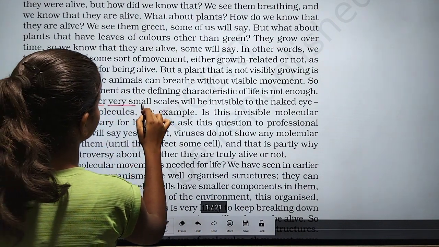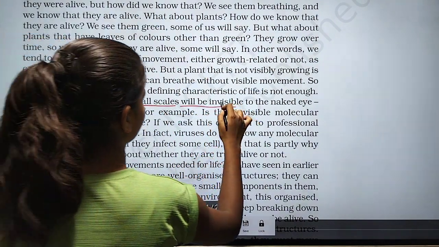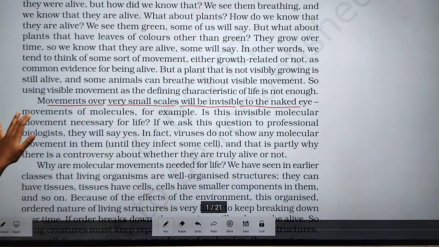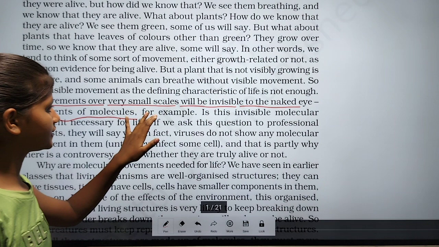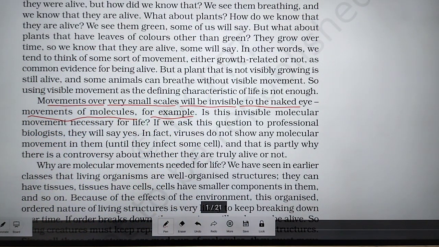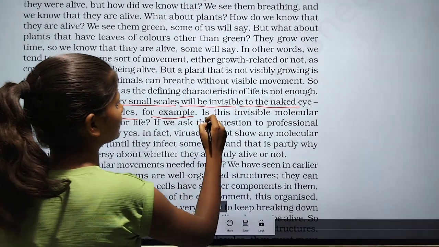Movements over very small scales will be invisible to the naked eye. Movement of molecules, for example.